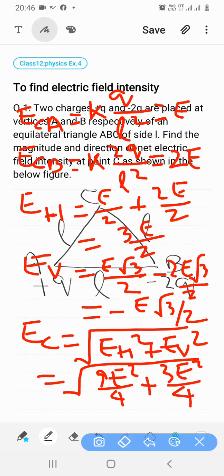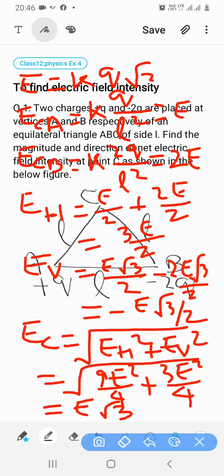So 12E square upon 4 square root, so square root 3E square, so this will be E root 3, and by putting the value of E I put here, so we are getting E is equal to K Q root 3 by L square.